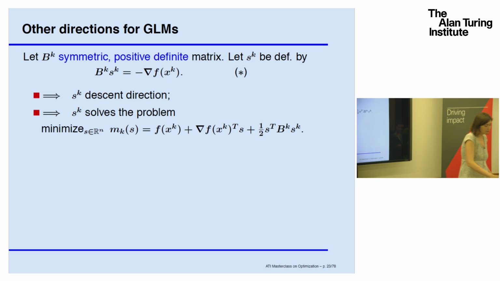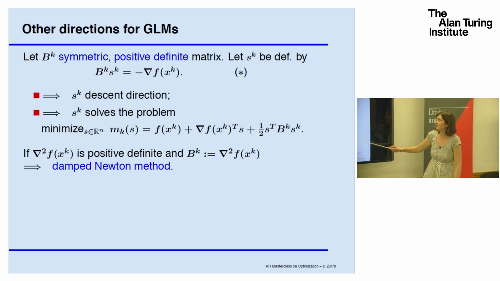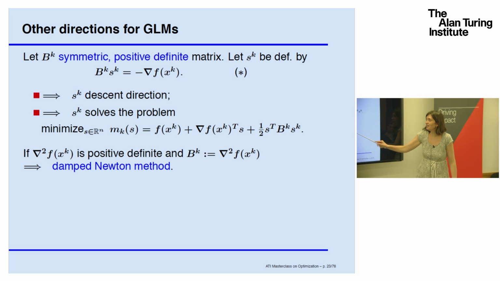Okay, so what are good choices for BK? If I have second derivatives, then I can choose for my BK to be exactly the second derivative matrix, if it's positive definite at xk. And then we get Newton's method for optimization. Right? That's Newton's method for optimization.